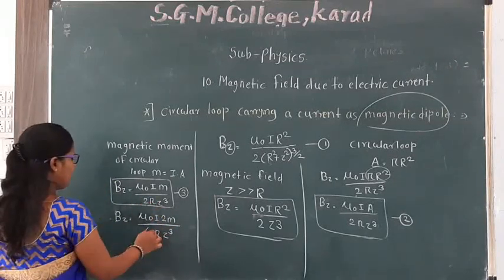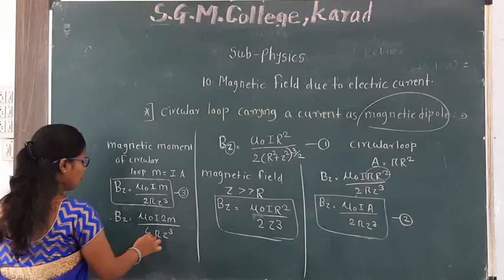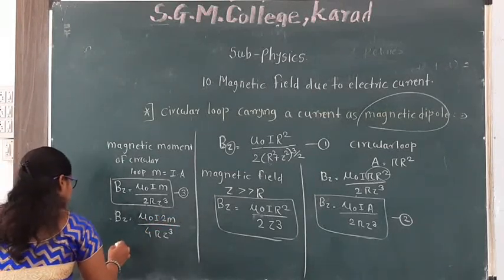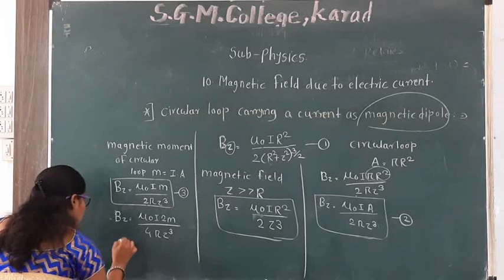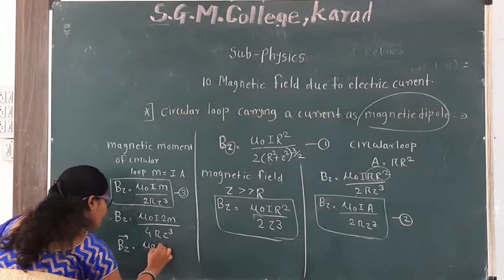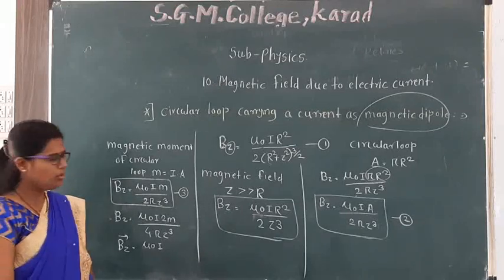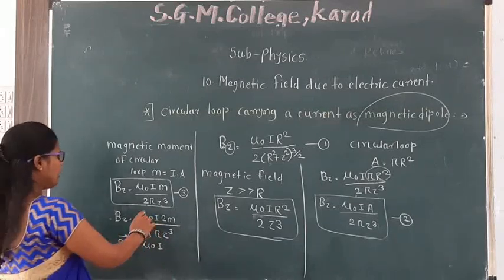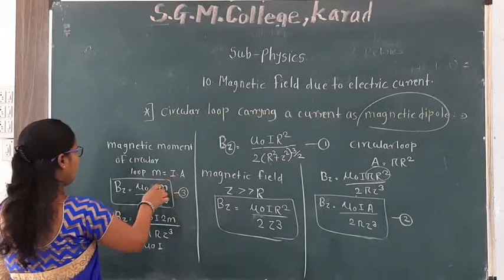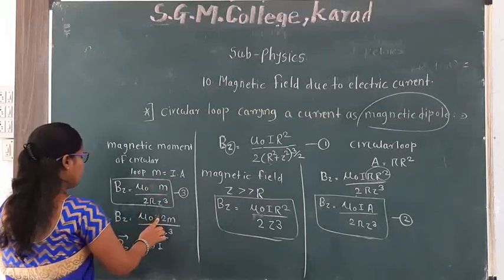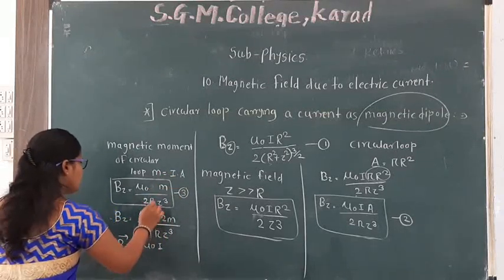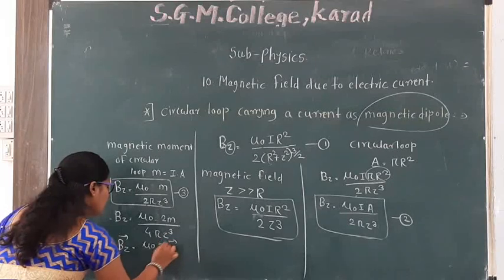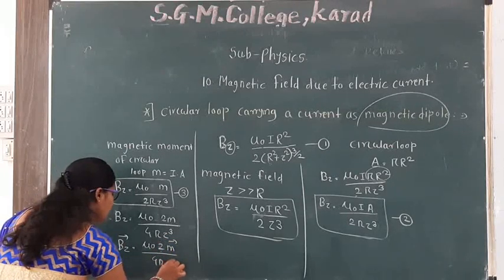Therefore, in vector form, Bz is equal to mu 0 into vector 2m upon 4 pi z cube. Here there is no I term because we substituted m is equal to I A, so only the 2m term remains.